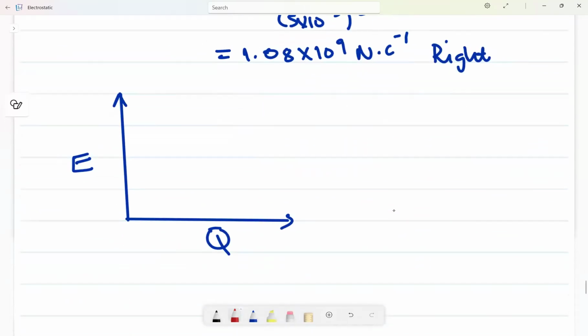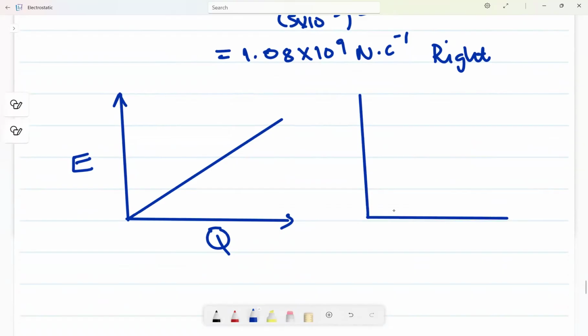So the graph for electric field and charge will be a straight line like that. But for electric field and the square of the distance between the two, r squared and E are inversely proportional, so it will be something like so. It will decrease.